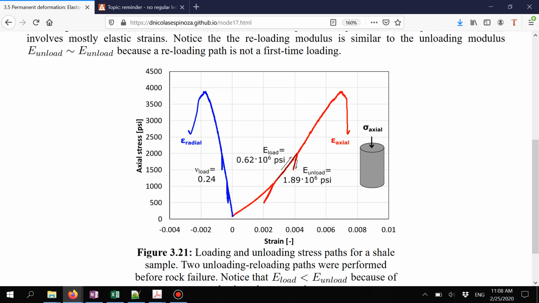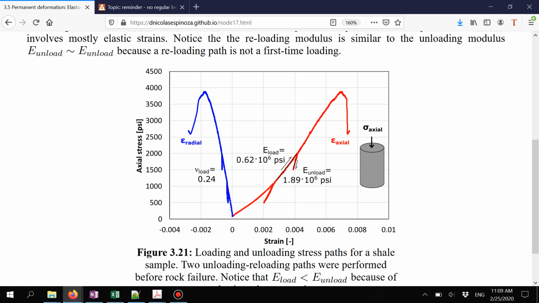Here we have a typical experiment in which we subject a rock to axial loading and we measure the axial strain and radial strain. If you remember, we did loading paths, but we also did unloading paths. And those two are going to be different, and the cause of that is the irrecoverable strains that are caused during loading.